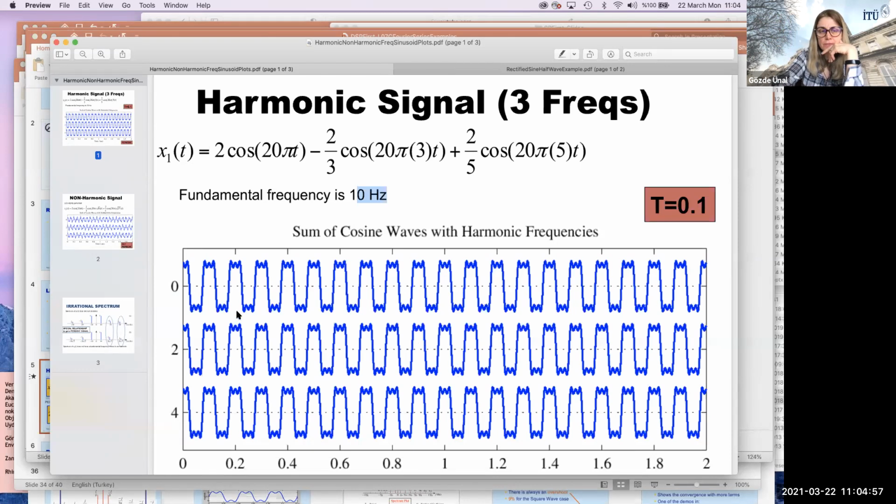So T is 0.1. Just check between 2 peaks here, or from the center point here to the center point here. This is not labeled in the graph, but it's 0.1 seconds, so it's 1 period. I can see that's coming from this main component. I can also see these higher frequencies. So that's the low frequency, and we added 2 higher frequency signals, 30 hertz and 50 hertz, on top of it, okay?